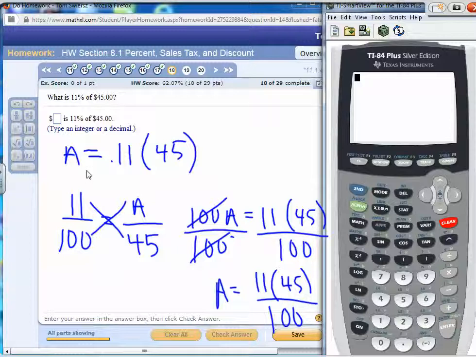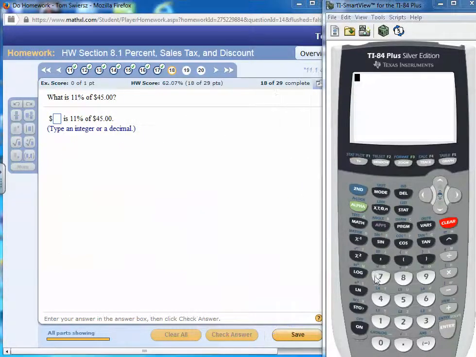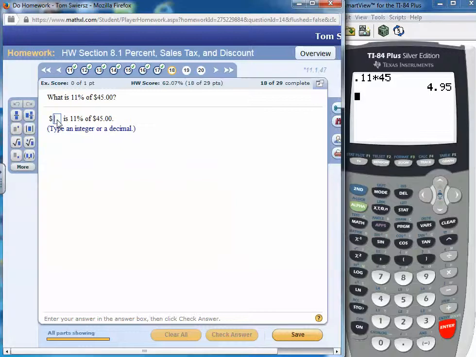So you could set this up as a proportion also if you like. If we just do the equation, multiply 0.11 times 45, we get 4.95. It doesn't say round off at all, so we'll include both decimals.